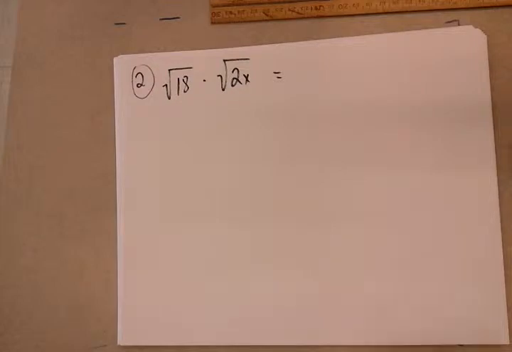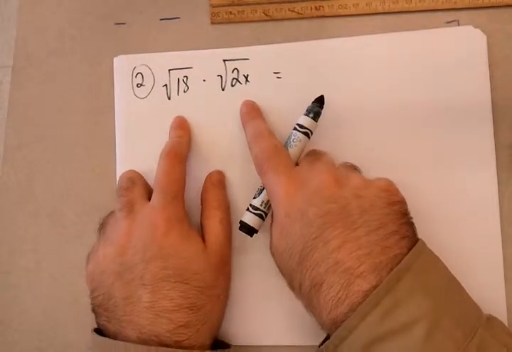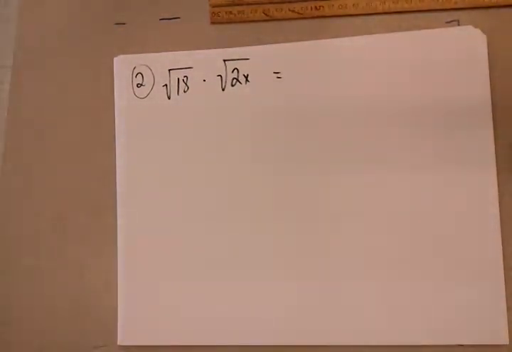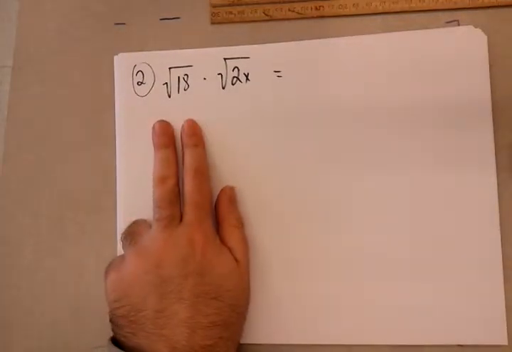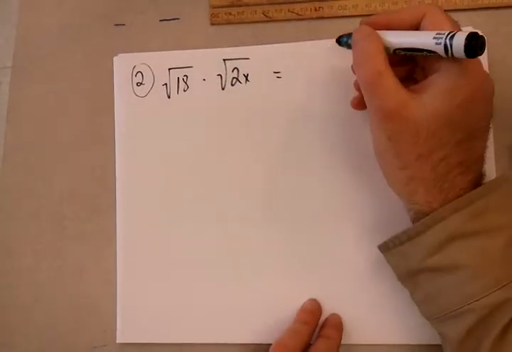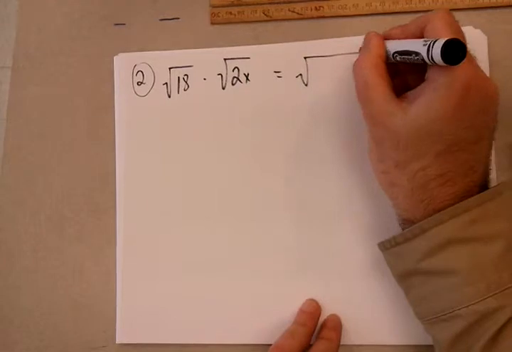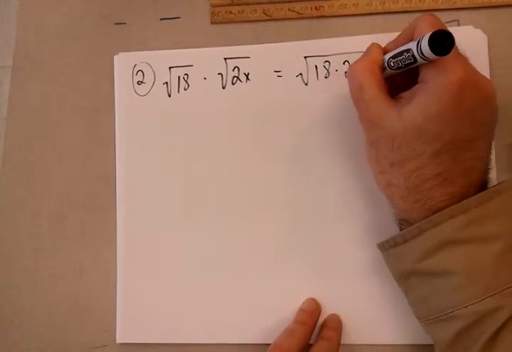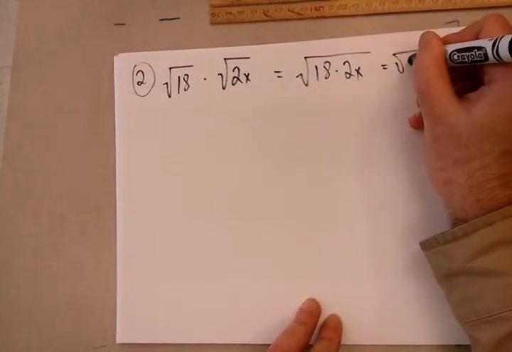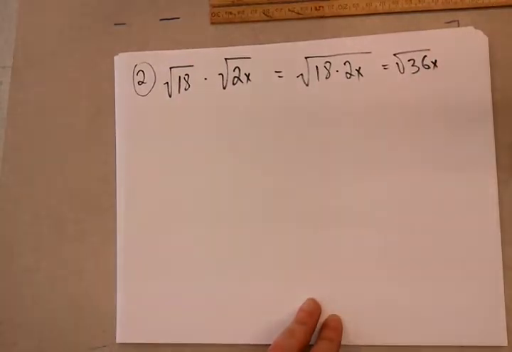But if you look at this problem first and see what happens if you combine it, you will see that 18 times 2 is a 36, a bigger perfect square with no remainders. So in this case, while you could simplify this first and then combine them together, I'd say combine first is just going to make the problem simpler. So combining them, I get root 36x.